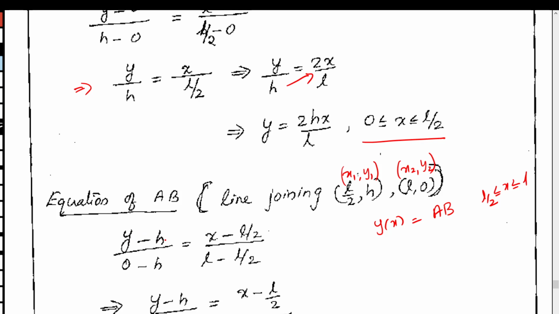The equation is (y − h)/(0 − h) = (x − L/2)/(L − L/2), which is (y − h)/(−h) = (x − L/2)/(L/2), since L − L/2 is L(1 − 1/2), that is L/2. Therefore, the denominator becomes L/2.